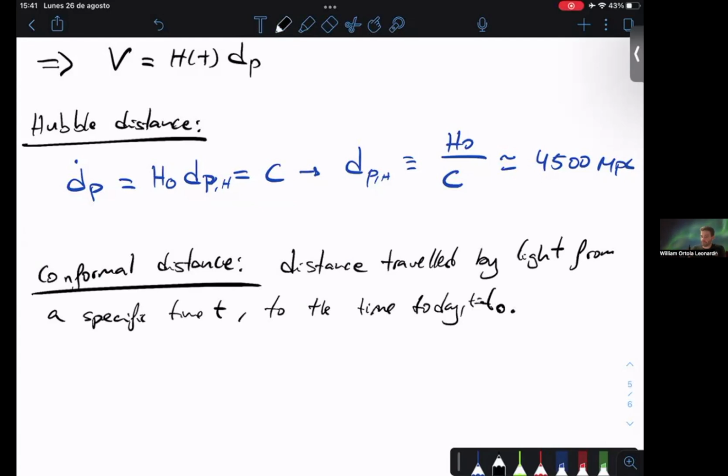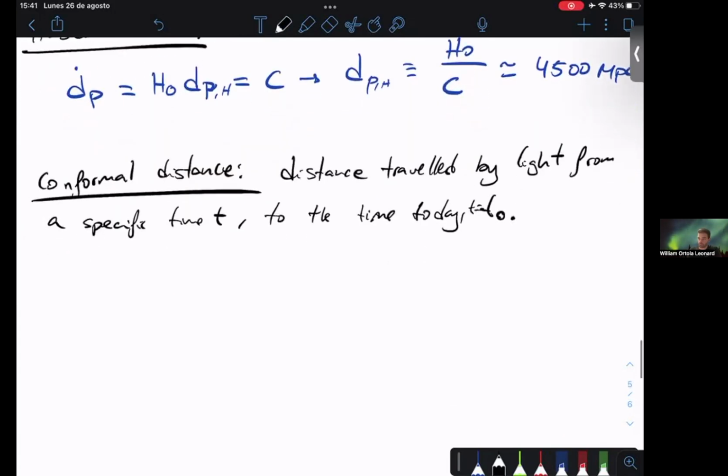And so this distance, which we're going to specify with the chi in this case, is going to be the speed of light, so basically we're going back to international system units, we're not in natural units anymore, times the integral from t all the way to t naught of dt prime divided by the scale factor as a function of time t prime.